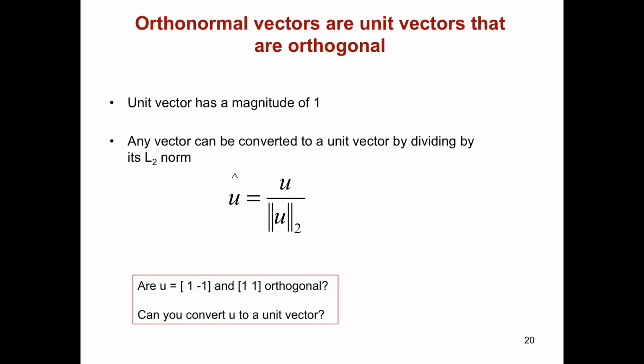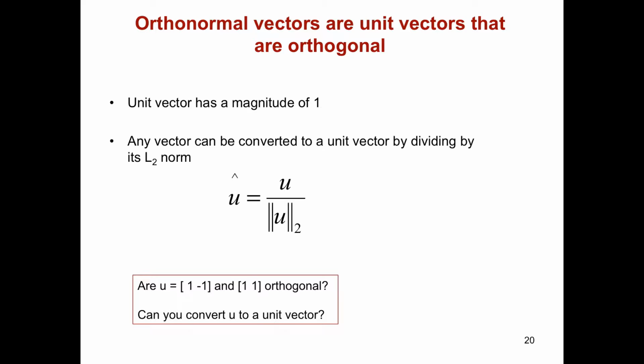So question for you. Are these two vectors, 1, minus 1, and 1, 1, orthogonal? Yes.